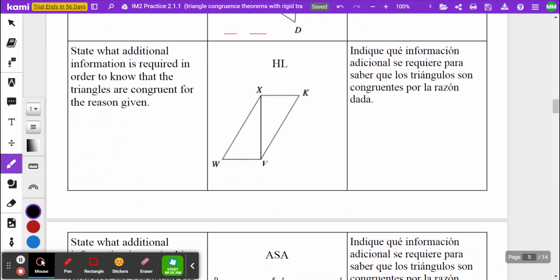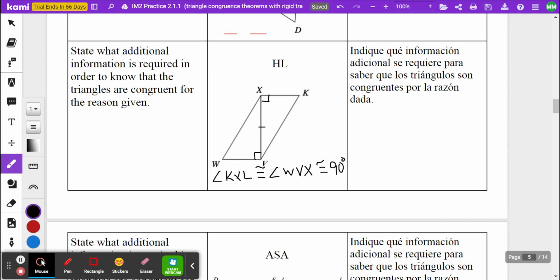Now for this one, if I wanted to use hypotenuse leg, I would need to know the length of the hypotenuse. I have a leg. I would also need to know that we have right angles. So I would need to know that angle KXL were congruent to angle WVX were congruent to 90 degrees. This is not perfect notation. I should have said the measure of each equals 90 degrees.